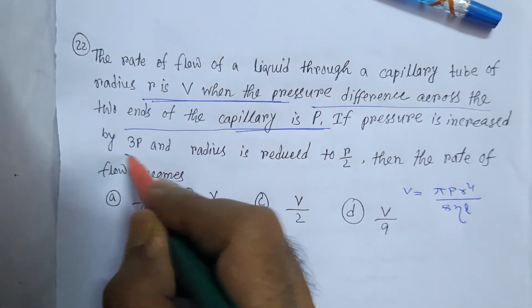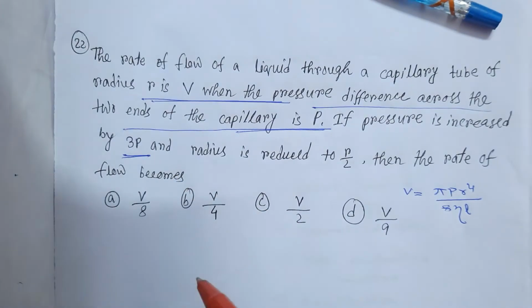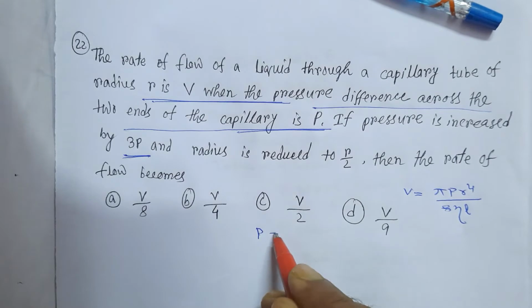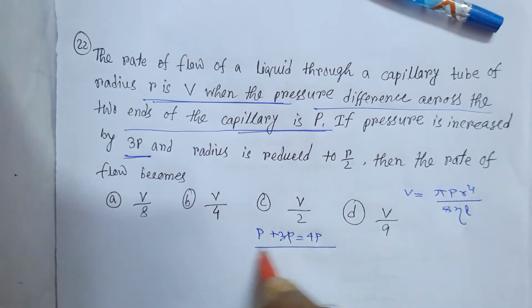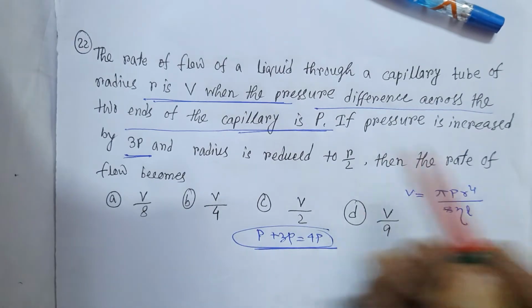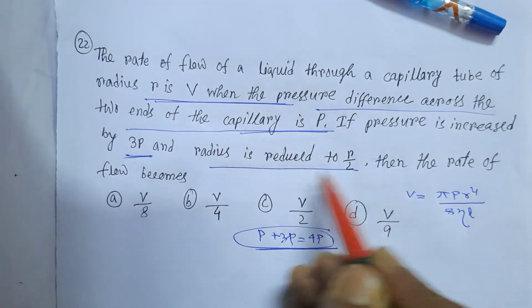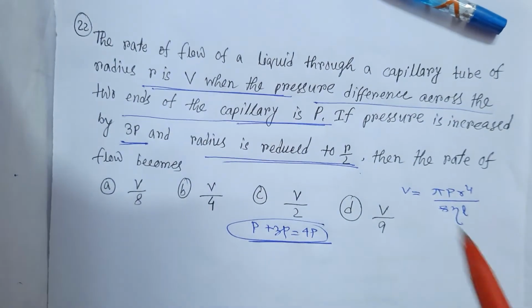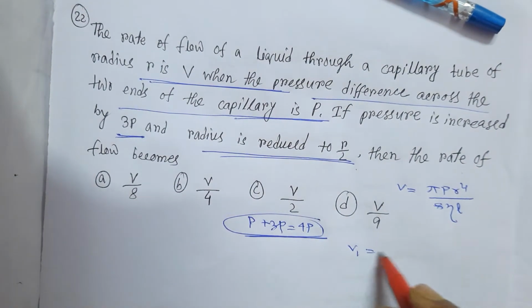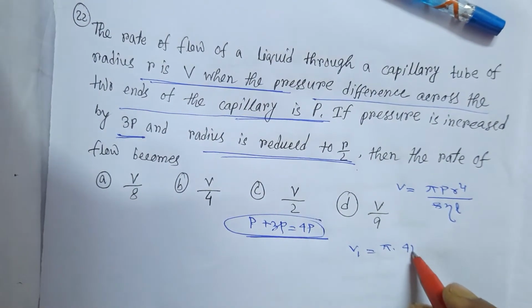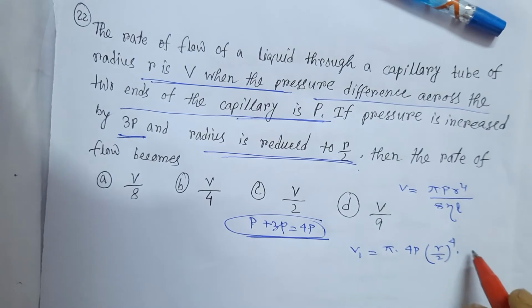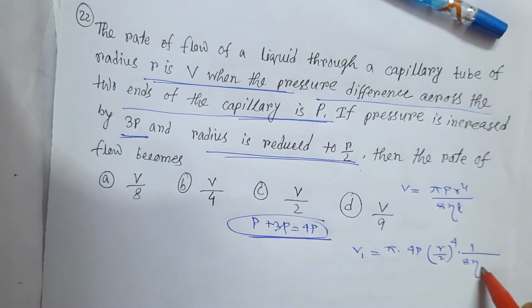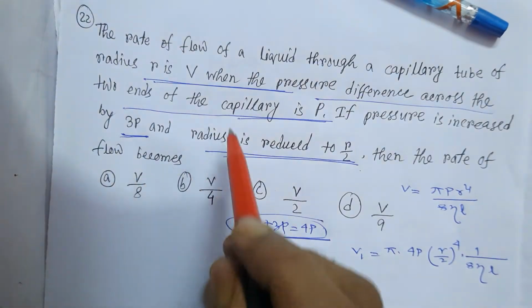If the pressure is increased by 3P, now the pressure is P plus 3P, that is 4P. So the pressure is now 4 times and the radius is reduced to r by 2. Then the rate of flow becomes V1 equals pi, P is now 4P, r becomes r by 2 whole to the power 4 into 1 by 8 eta L.